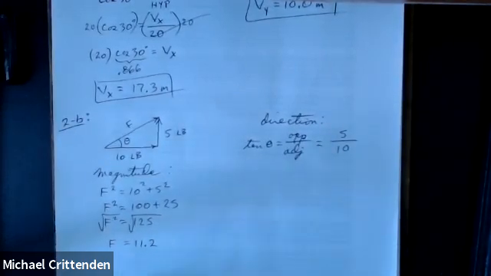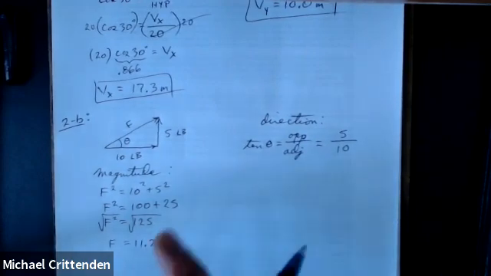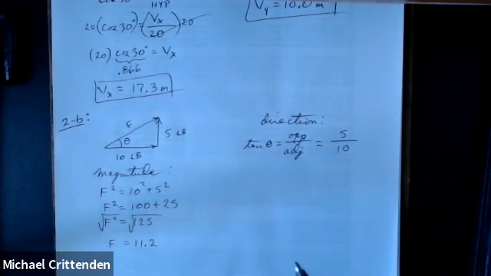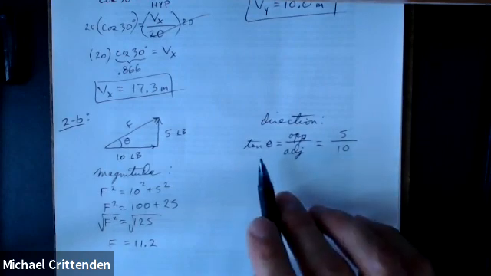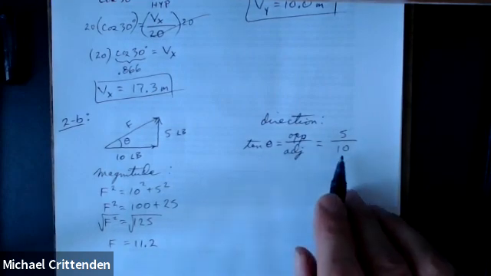But if you have this really strong emotional attachment to using the cosine instead of the tangent, well, you might as well. I mean, that should lead to the same answer also. So we know the tangent of the angle is 0.5.